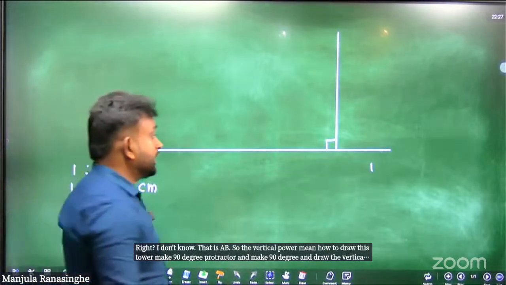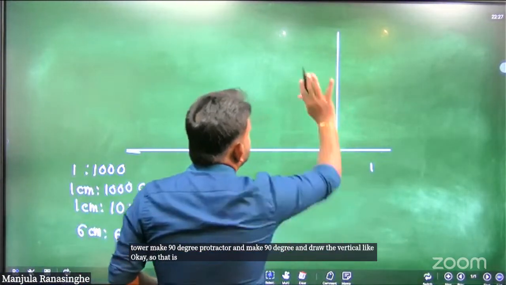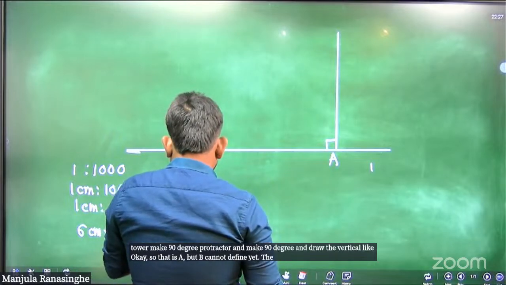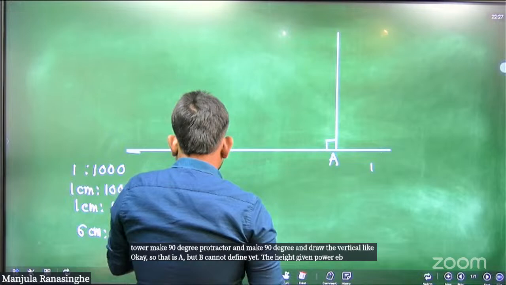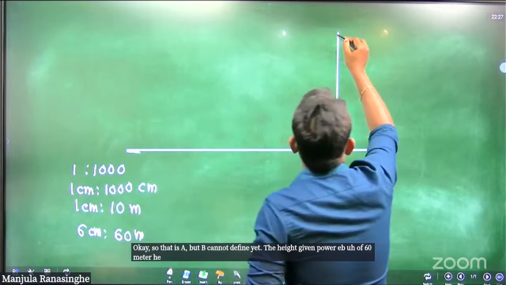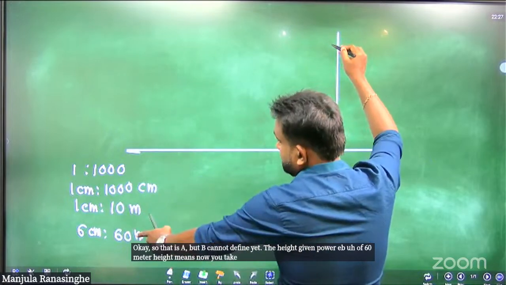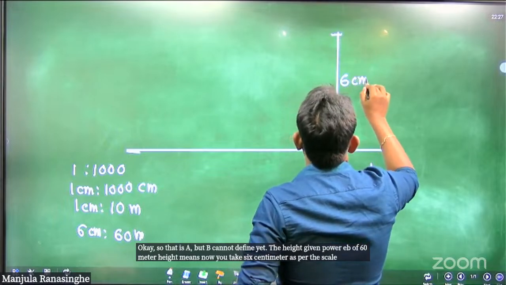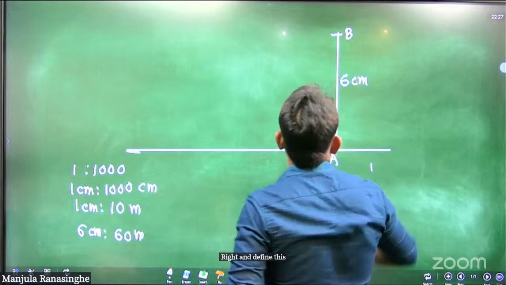Okay, so that is A, but B cannot be defined yet. The height given for tower AB is 60 meters, so you take 6 centimeter as per the scale, right, and define this B point there.